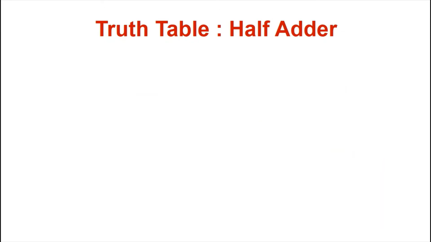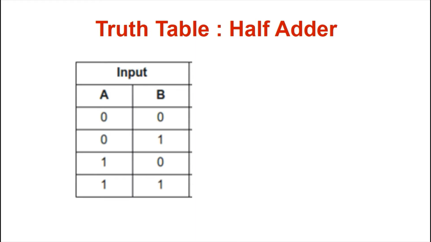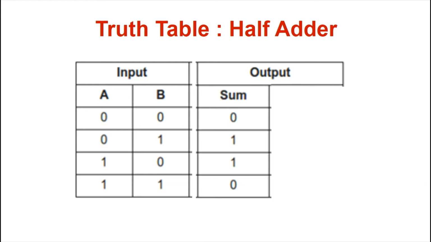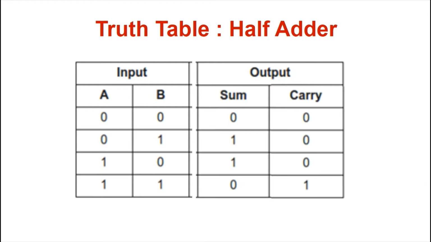Now we will go for understanding the truth table. Since we have two inputs, we have four sequences, that is 0 0, 0 1, 1 0 and 1 1. And similarly we have two outputs, that is sum and carry. For the input 0 0, the sum is 0 and the carry is 0. For the input 0 1, the sum is 1 and the carry is 0.